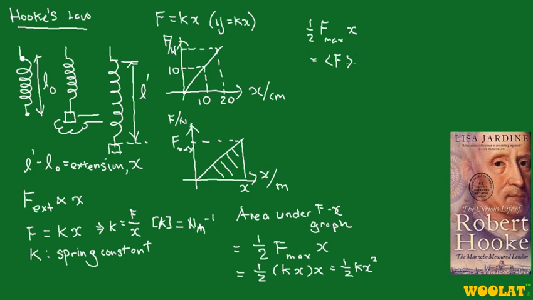Half F max gives you the average force. Average force multiplied by x is actually the work done on the spring. There's some prerequisite knowledge required here, which is that work done is force multiplied by displacement in the direction of the force. So half kx squared is actually the amount of work done on the spring.